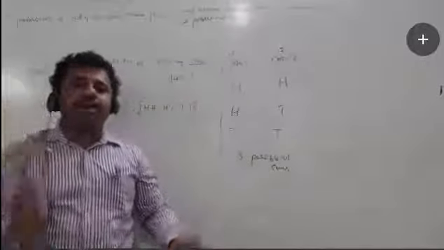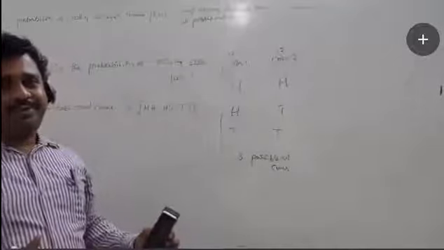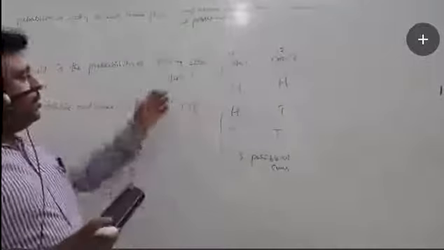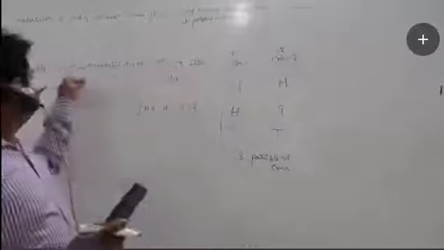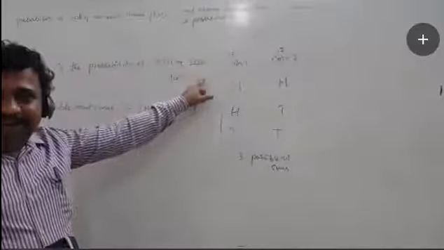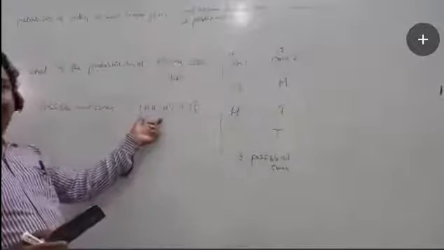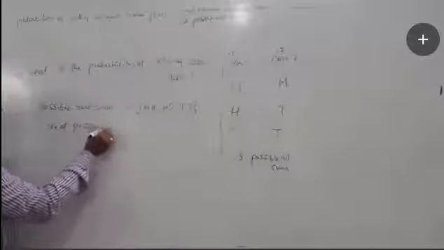Okay, students, now let us move. We can talk about what is the probability of getting one tail with coins of the same type. The number of possible outcomes is 3. What are the favorable outcomes for getting one tail?